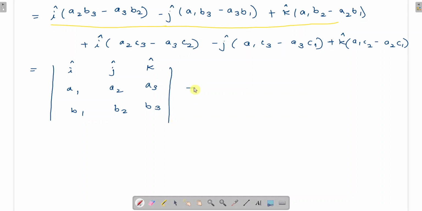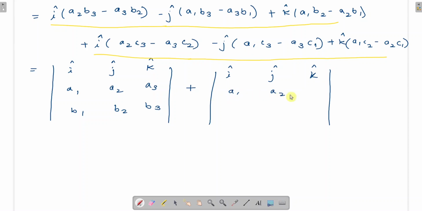Okay, plus if you look at this term here, it is nothing but the determinant i cap, j cap, k cap, A1, A2, A3, C1, C2, C3. Okay, and if you look at this determinant carefully, it is cross product of a and b.